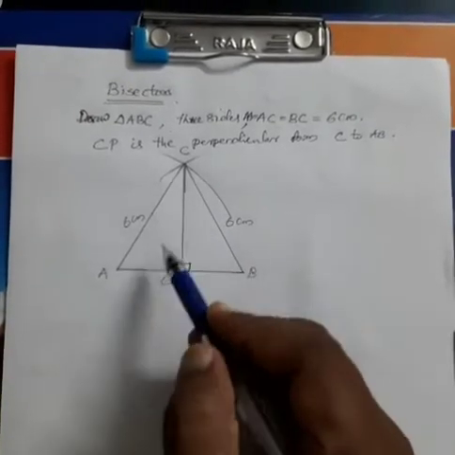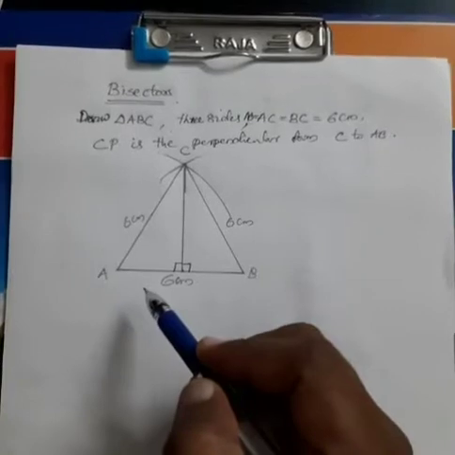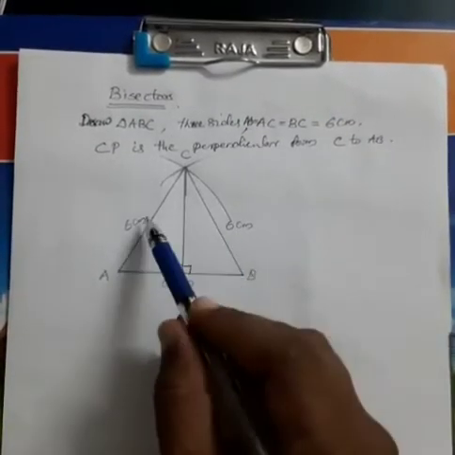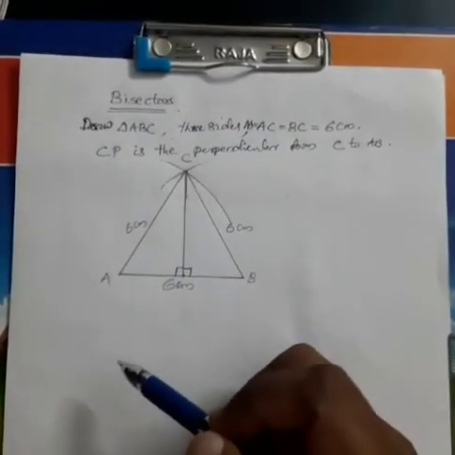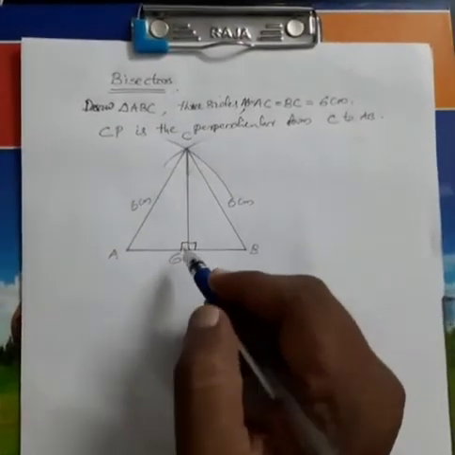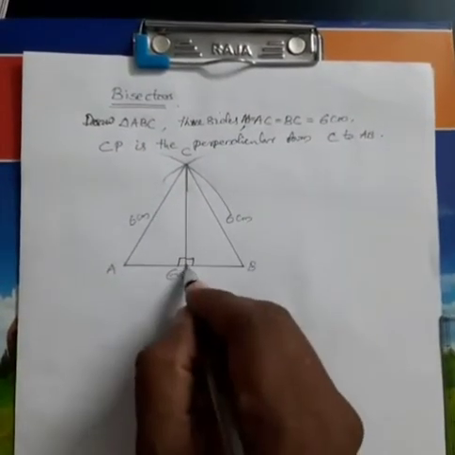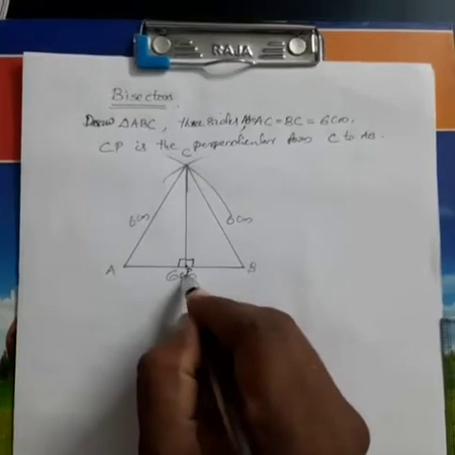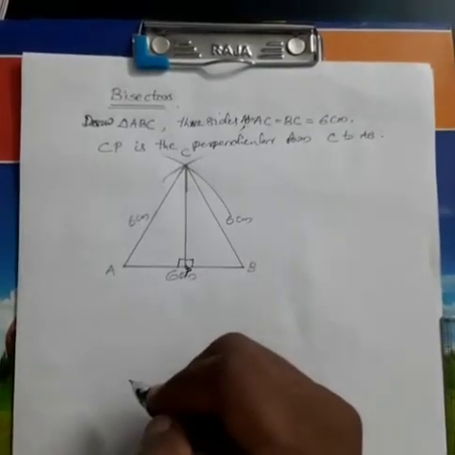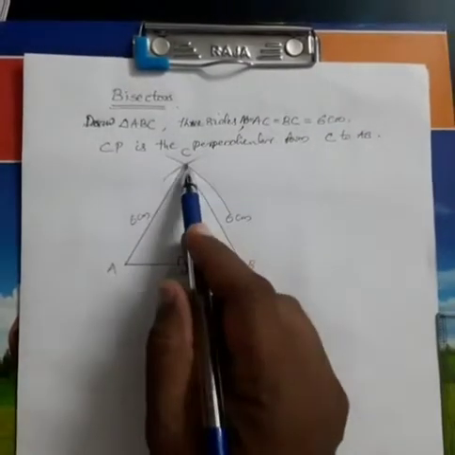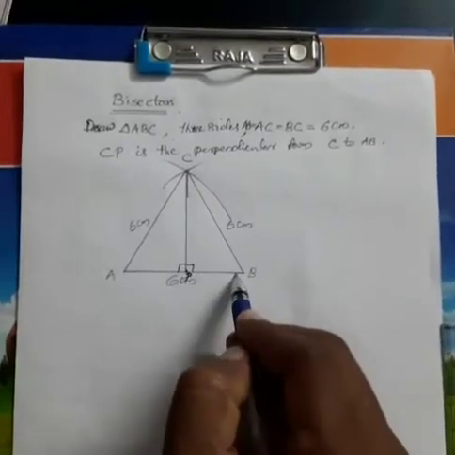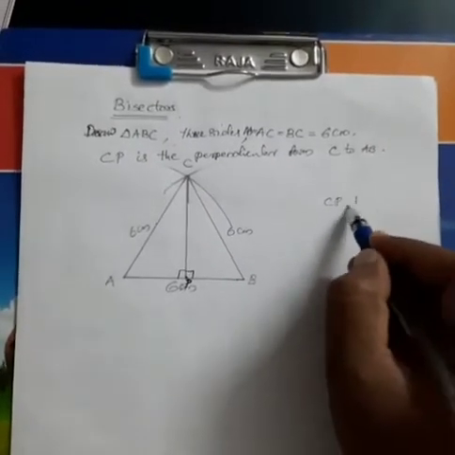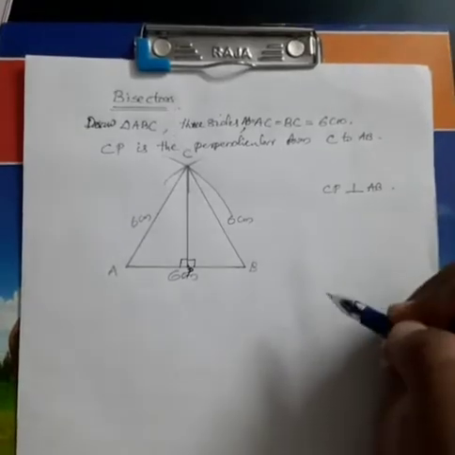What is the speciality of that triangle? It is an equilateral triangle because all three sides are equal. And what about this point? This point is P. Mark the point as P. So CP is the perpendicular of AB.